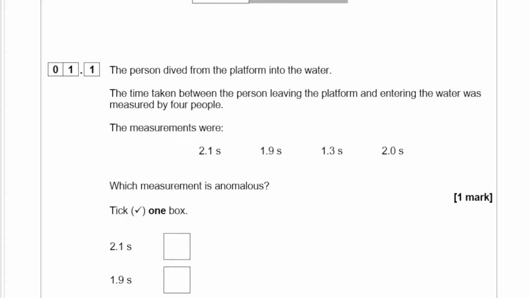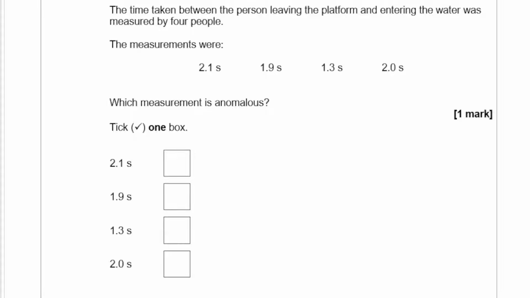Which measurement is anomalous? Now, the word anomalous basically is referring to any measurement that might be, hold on one second. I've highlighted this word anomalous.